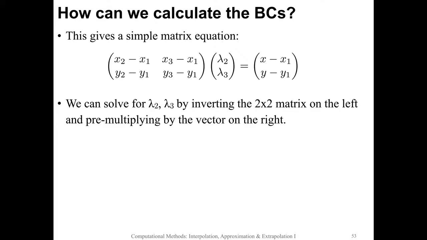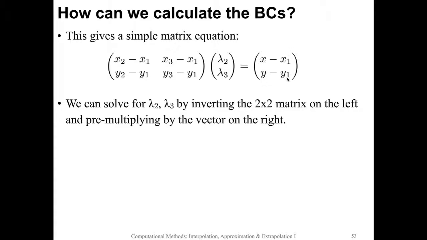Once at this stage, we can rewrite it a little bit more easily by taking some of the values over to the other side and providing us with a simple matrix equation. So this time it's a simple 2 by 2 matrix multiplied by some lambdas to equal a difference between our target point locations and the first vertex locations.